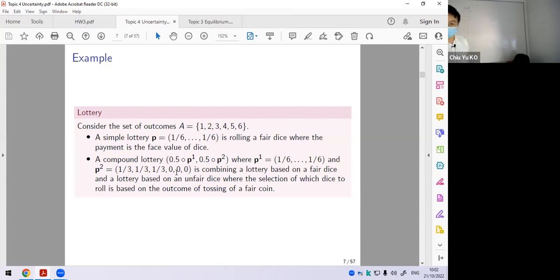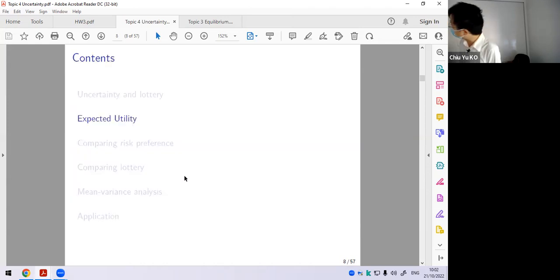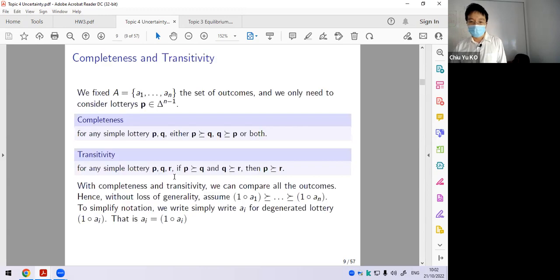So we talk about expected utility. As I hinted earlier, there are many ways to evaluate how people make decisions over a lottery or gamble. Why would people like this gamble or not? Why do people buy insurance? Why do people play the lottery? Why do people go to Macau? How can we model this?